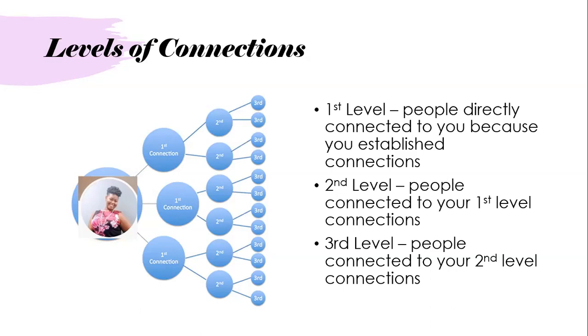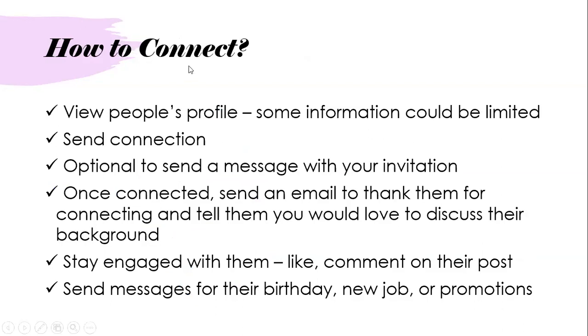His name won't show. So the whole point is we want to get to these connections. And a lot of times you might want to get to those third level connectors. Okay. So how do we connect? I always say you want to view a person's profile. Now, please understand some of the information in your connections is going to be limited.